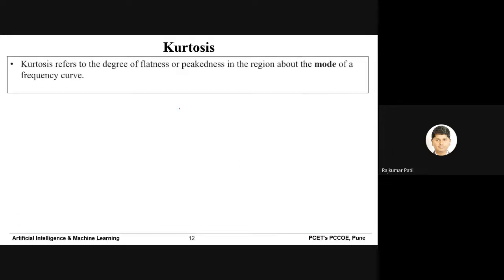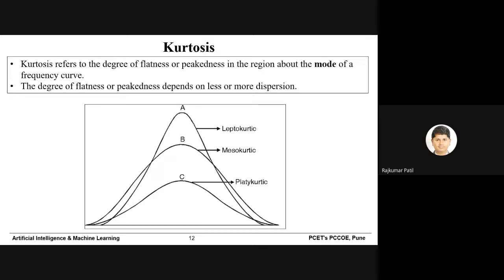Then the next part is kurtosis. Kurtosis refers to the degree of flatness or peakedness in the region about the mode of a frequency distribution. So when you look at the three different curves, the mean is exactly at the center. But when you look at the shape of the distribution, it is different. So this may be the outcome for the TA, TB and TC classes, maybe, right?